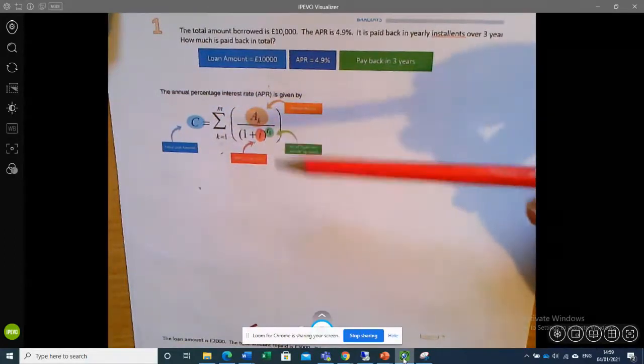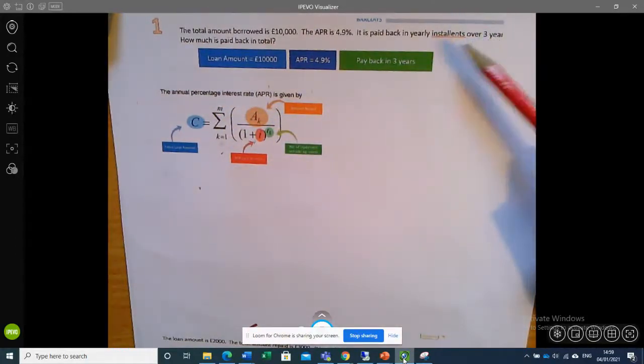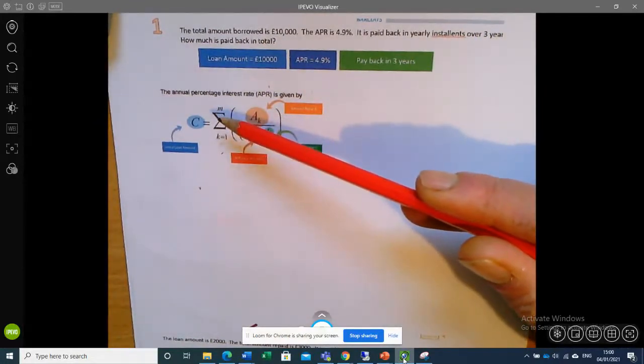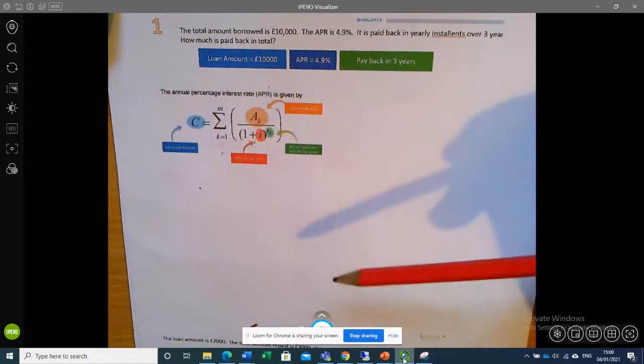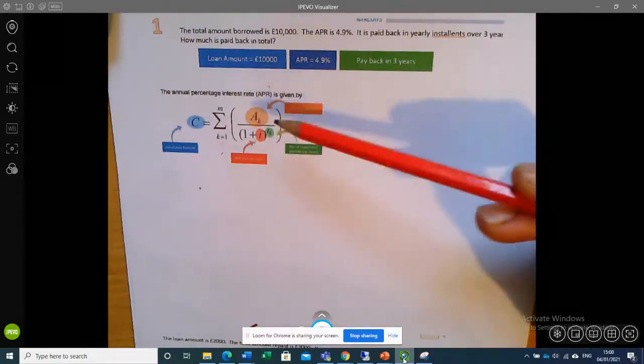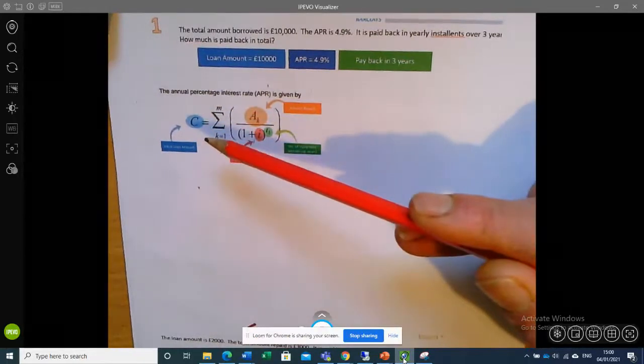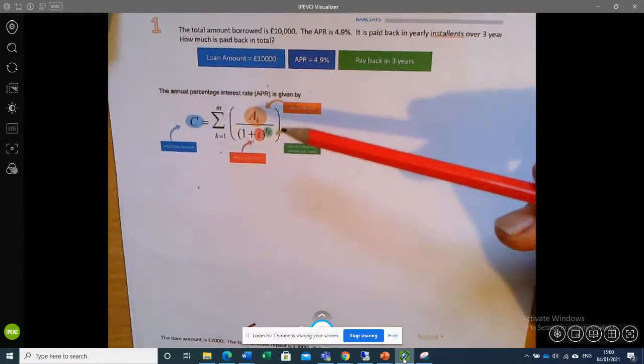In this case, we're doing yearly paybacks over 3 years, so M would be equal to 3. However, in this particular case, we're not considering each individual repayment, so we don't need to worry too much about the sum. We'll come to that on our third example later on.